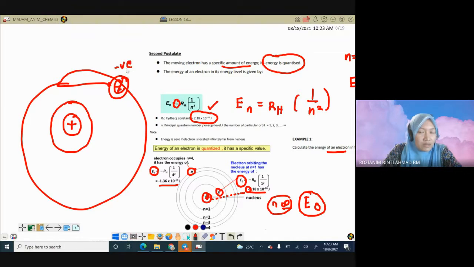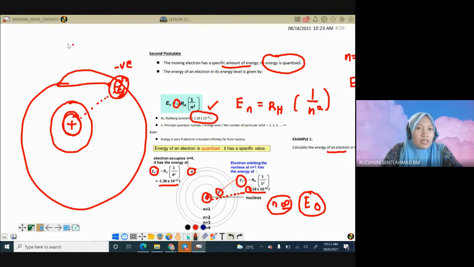So kita tahu, the negatively charged and positively charged attraction should happen. So the negative data from the energy is belong to the energy required to attract the electron. Maksudnya negatif simbol tu merujuk kepada kesan tarikan nukleus terhadap elektron.